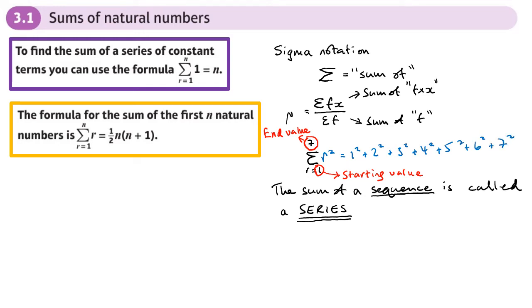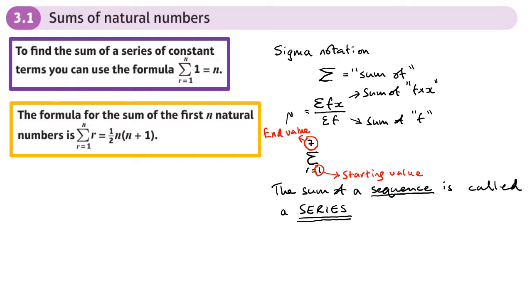So we can do what we like with r. We can change it to anything we like. And what we've got are certain rules that help us to work out the sums of certain sequences really easily.